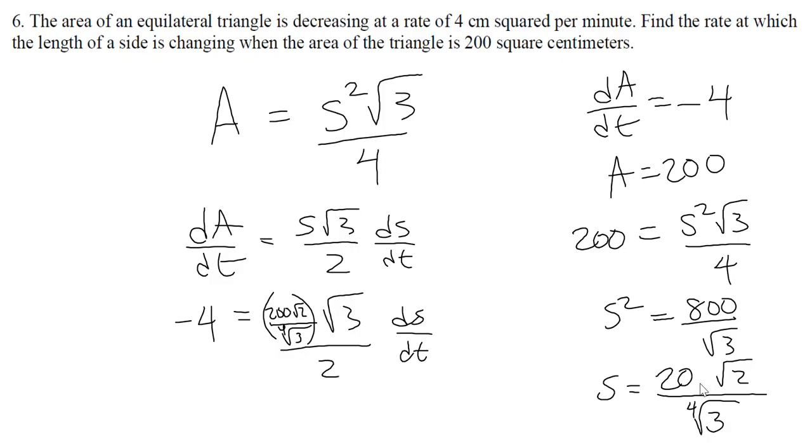That's 20 root 2. The square root of 400 is 20. So this is just 20 root 2 over the 4th root of 3. And so we'll just solve for ds dt. So we'll multiply by the 2. In fact, we'll do this on a new page because we're already running out of room here.